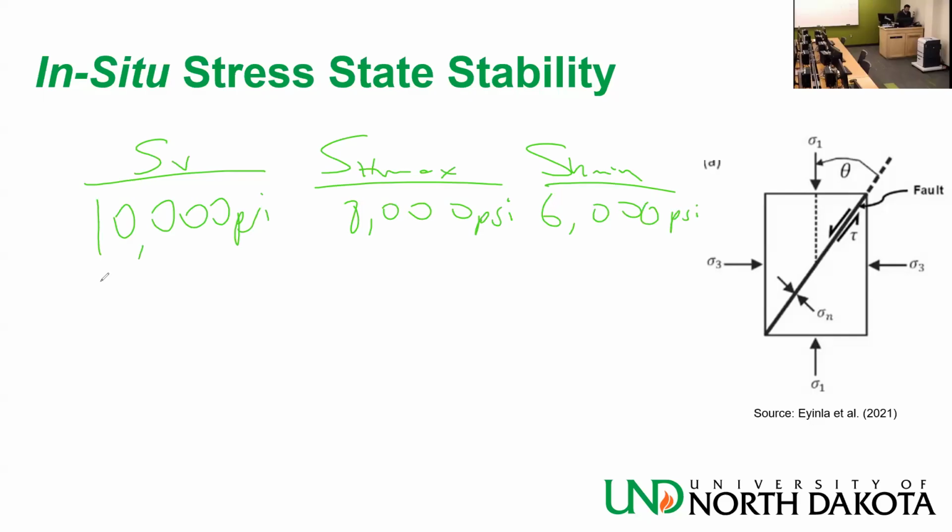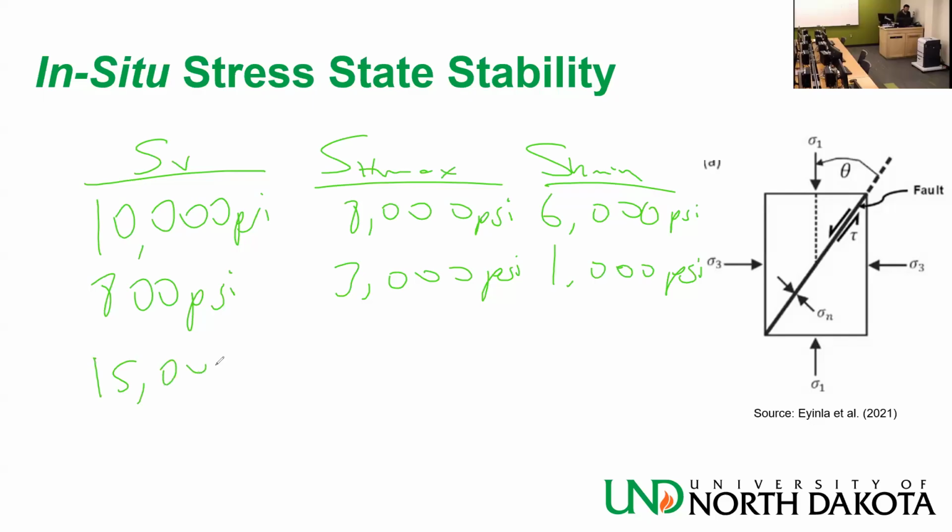And then somebody comes and says 800 psi, 3,000 psi, 1,000 psi. Somebody comes and says maybe 15,000 psi, 8,000 psi, 7,500 psi. I'm writing random numbers. I'm trying to tell you infinite permutations.